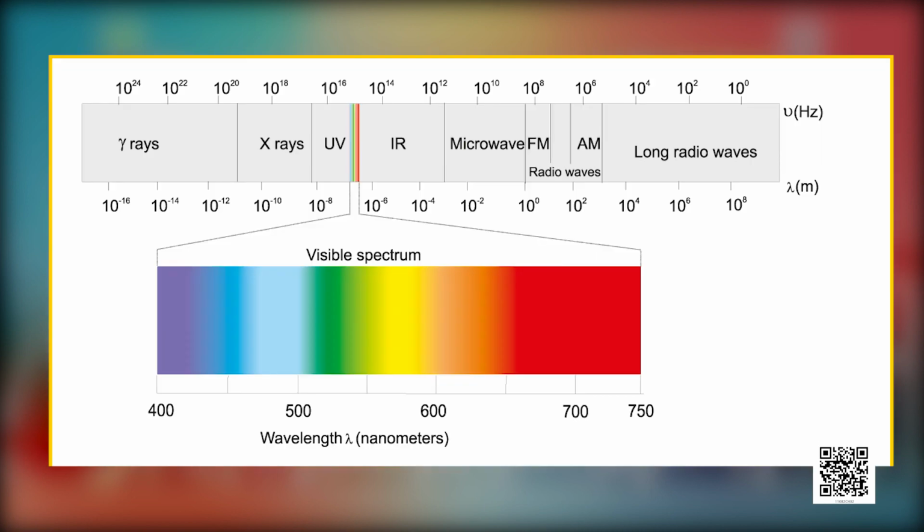Have a look at different types of electromagnetic radiations on the screen. These differ from one another in wavelengths and frequencies. In vacuum, all types of electromagnetic radiations, regardless of wavelength, travel at the same speed, that is 3 into 10 raised to the power 8 meters per second.